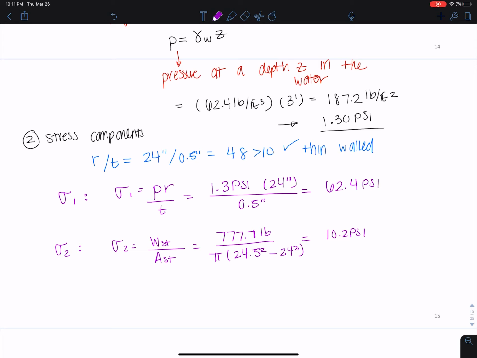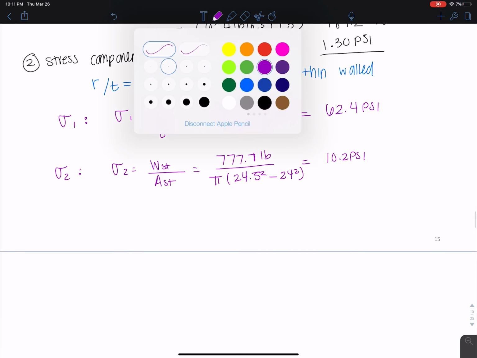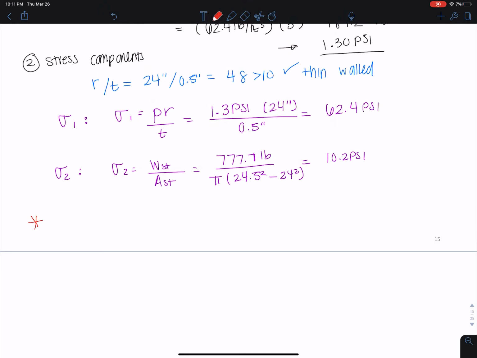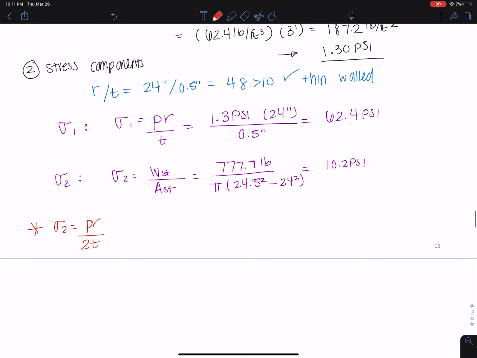And basically, just as a note here, let me write this here, sigma 2 of this function doesn't apply here because the tank is open at the top, and so we're saying that the water doesn't develop a loading on the walls. This is an assumption we make.